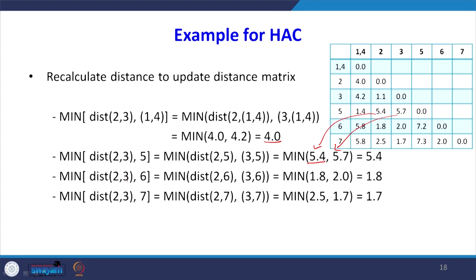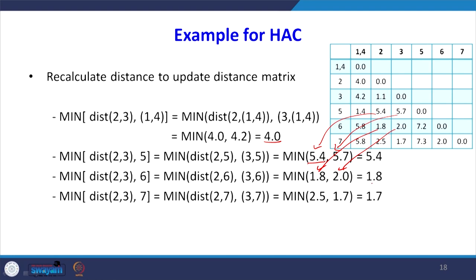Now 2, 3 versus 6. We have to find the distance between 2, 6 and 3, 6. So where is 2, 6? 6, 2 is 1.8, this value, and 3, 6, 6, 3, see this 2 value.